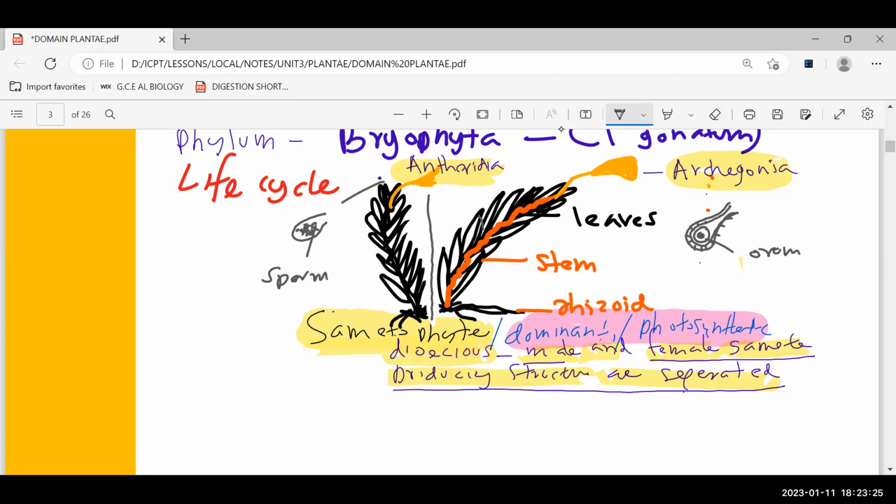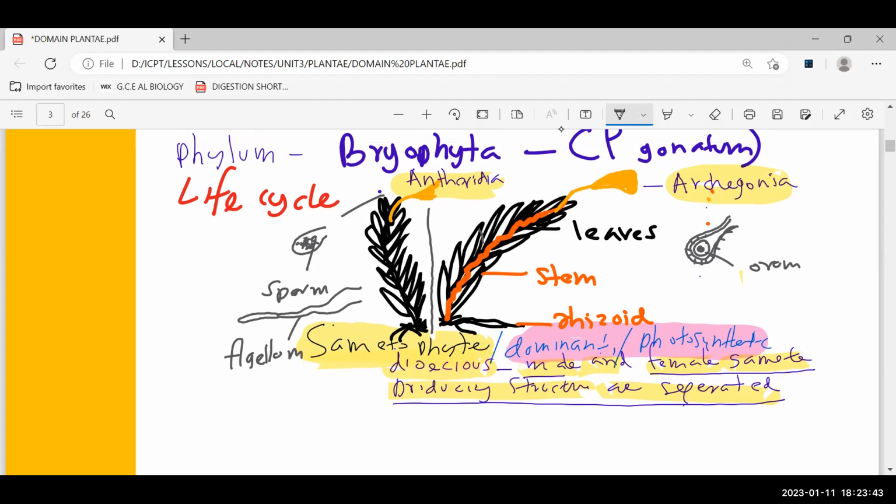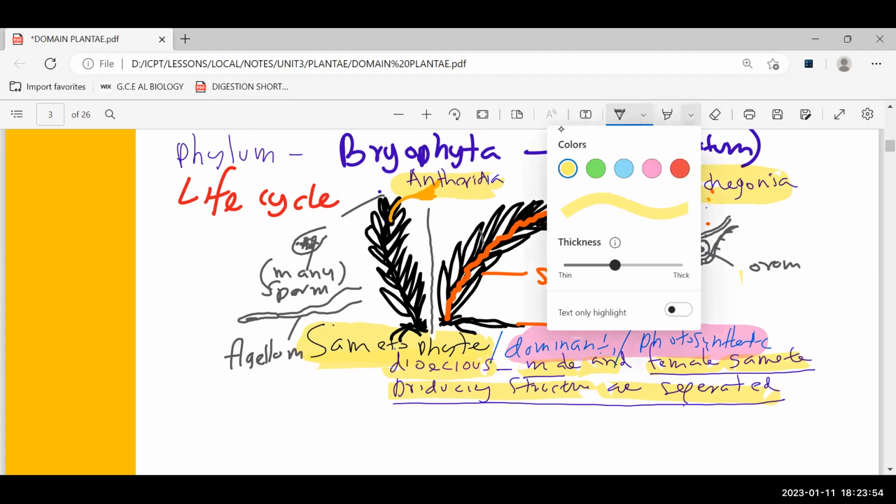So that's the male part, and this is the female part. If you enlarge a sperm cell, it looks like this. It has a flagellum. And there are many sperm cells, and the ovum is a single cell.